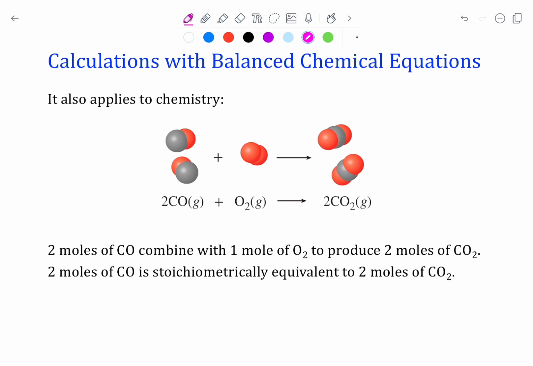We have 2 moles of carbon monoxide combining with 1 mole of oxygen gas to produce 2 moles of CO2. 2 moles of carbon monoxide is stoichiometrically equivalent to 2 moles of CO2. So however much carbon monoxide I use, I'm going to get out the same amount in terms of moles of CO2, because they are equivalent to each other.